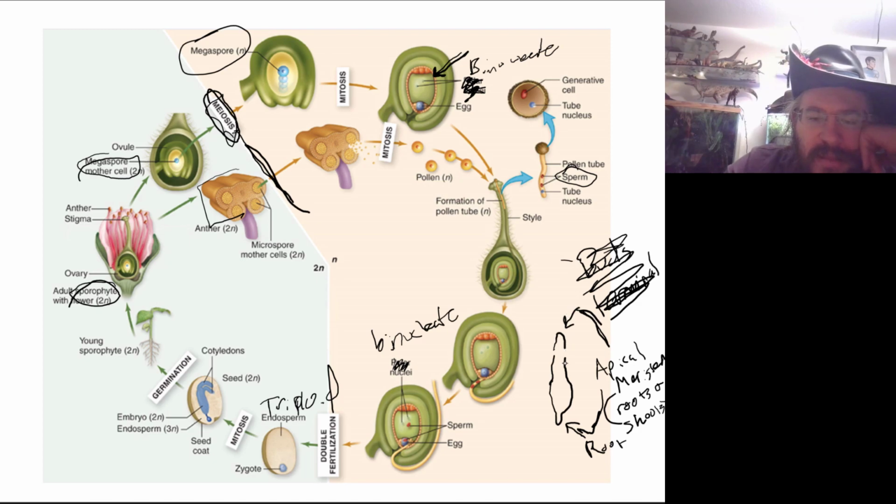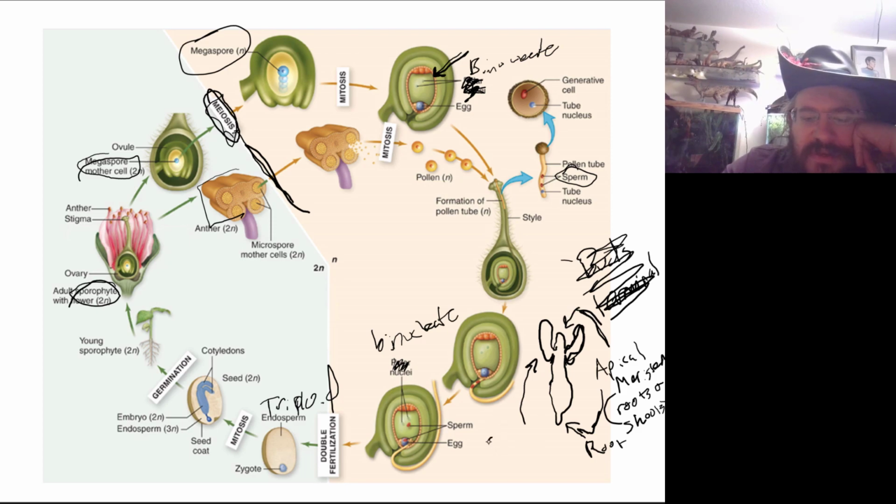And then an embryonic plant has two leaves that it will come out with. Every seedling always comes out with 2 leaves.